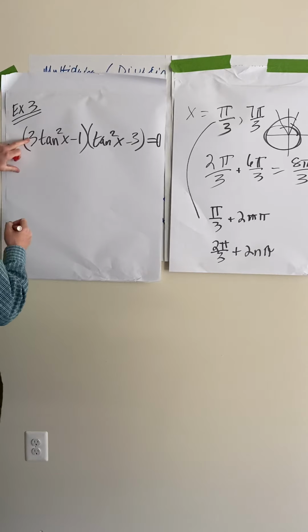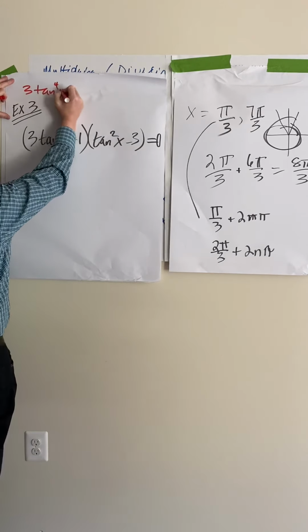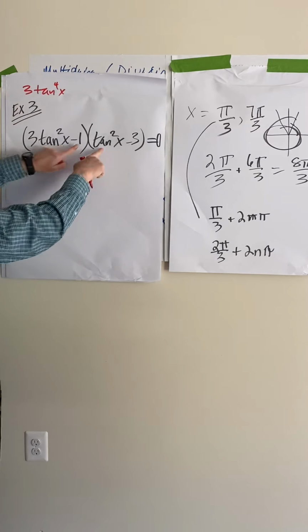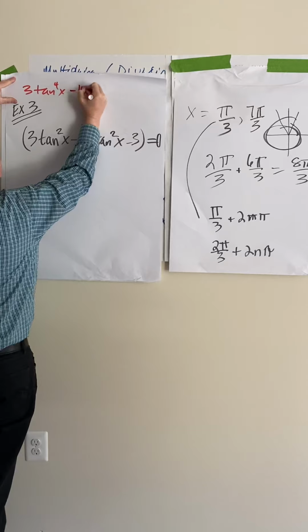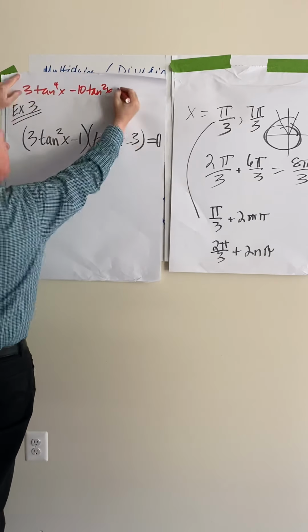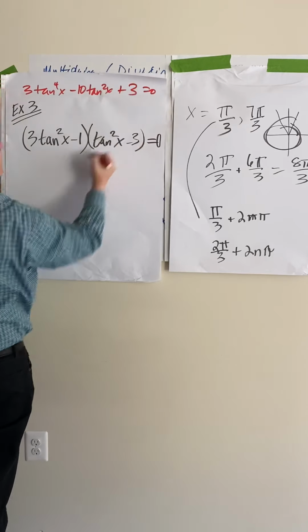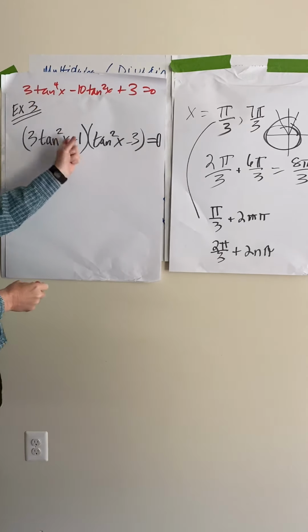The original problem might have said 3 tangent to the 4th x minus 1 minus 9 minus 10 tangent squared x plus 3 equals 0. If it said that, we would have had to factor this into here.